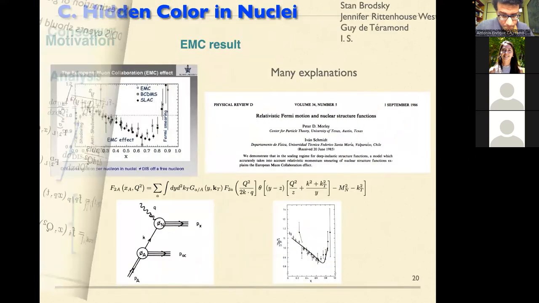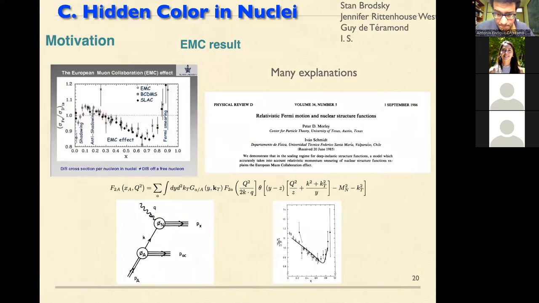The last thing is hidden colors in nuclei. So we are going to talk again about this EMC effect. This effect has been going on for a long time, and there are many explanations.